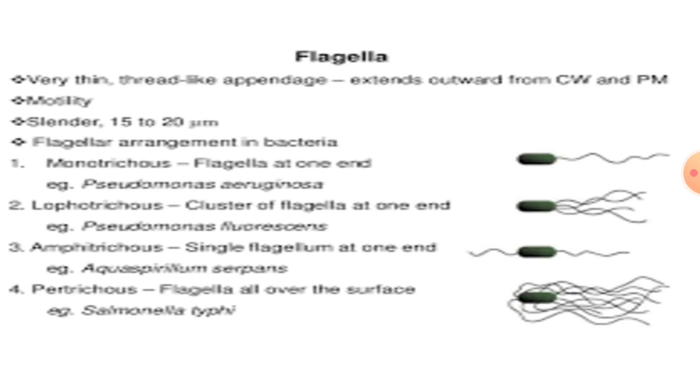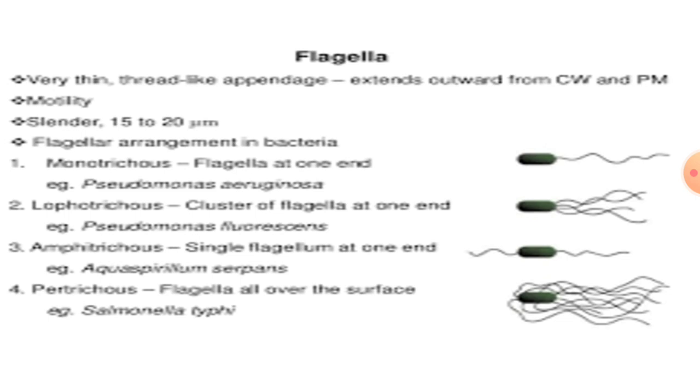Then lophotrichous bacteria. Here you can see a cluster of flagella at one end, as you see in the slide, especially the second structure. Lophotrichous flagella can be seen in Spirillum type bacteria and also Pseudomonas fluorescens. Then amphitrichous flagellum.